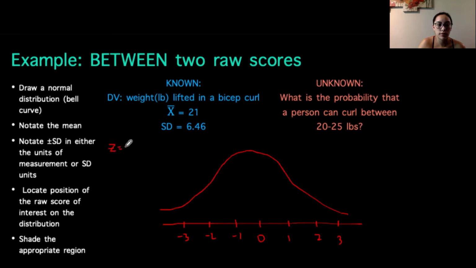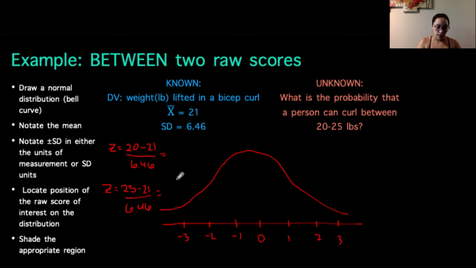Okay, so the z-score for 20 would be 20 minus 21 divided by 6.46. The z-score for 25 would be 25 minus 21 divided by 6.46. Okay.